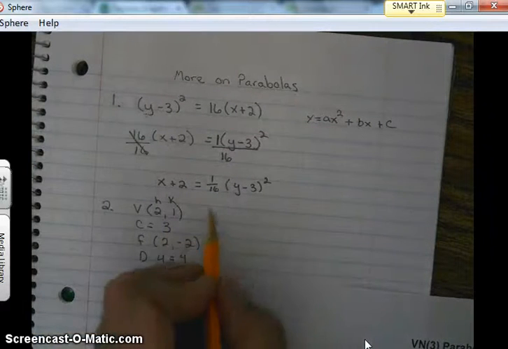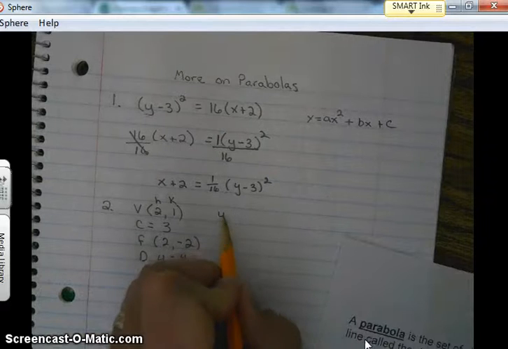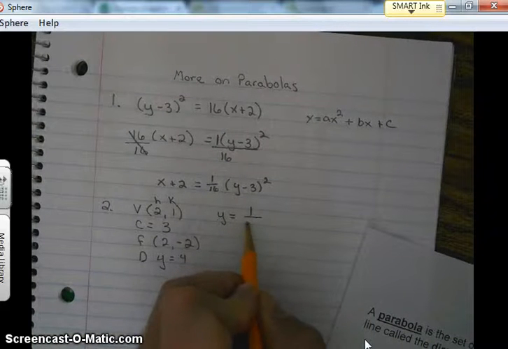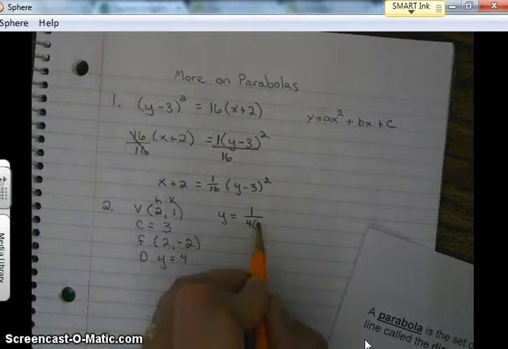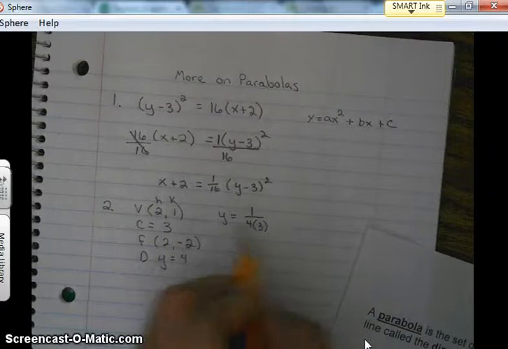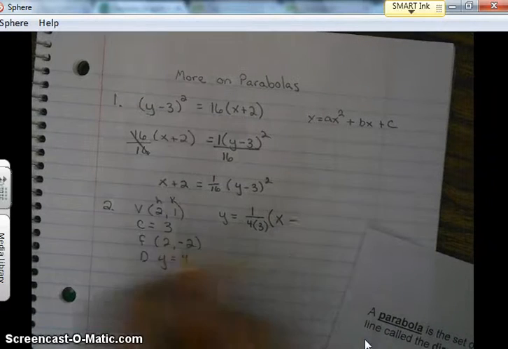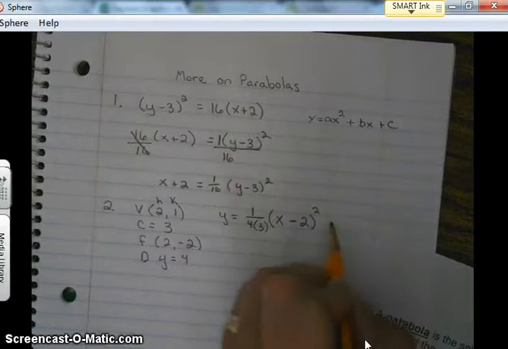So we're going to have y equals, and it's going to be 1 over 4 times c, which is 3, okay, times x minus 2 squared, and our k value is 1.